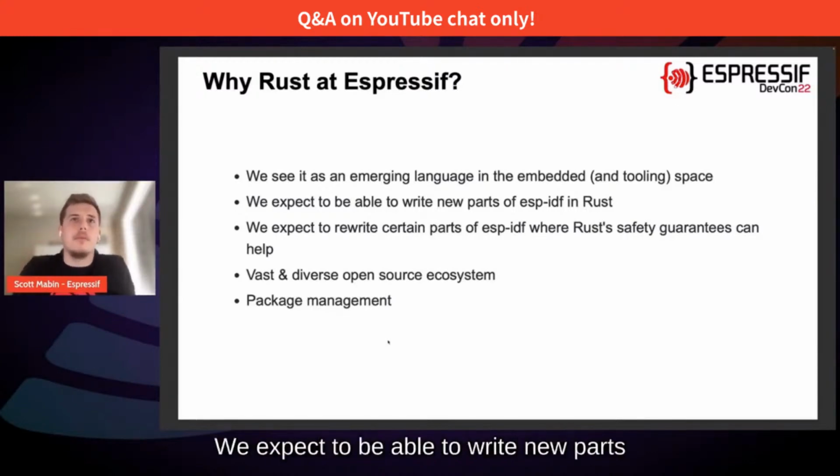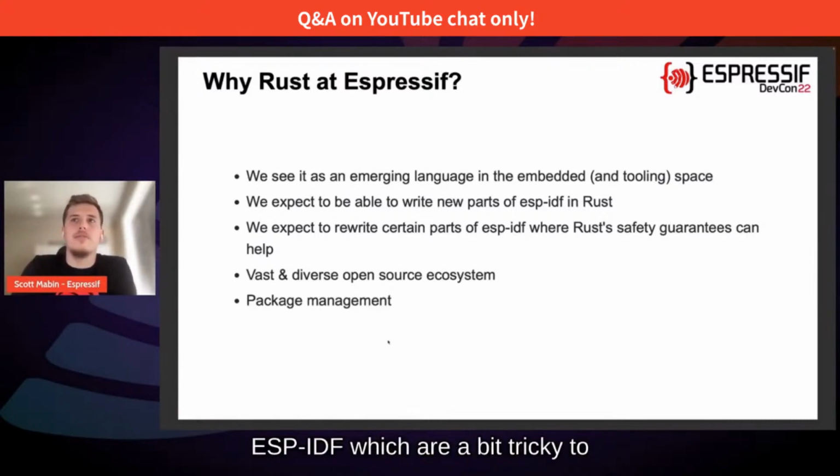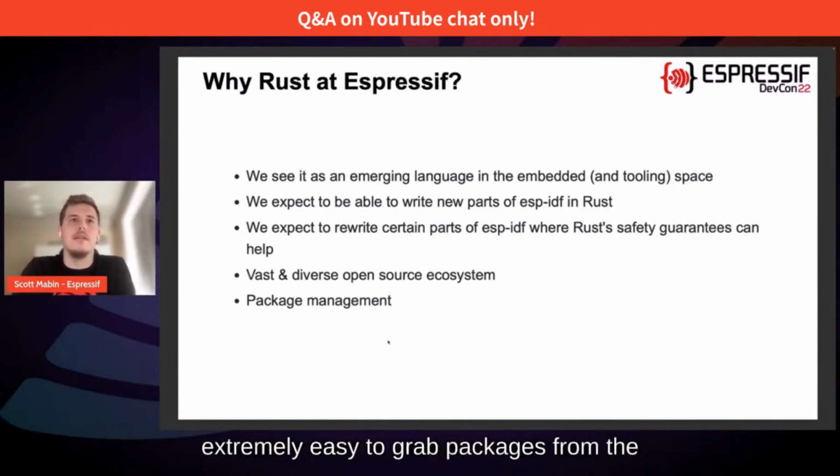We expect to be able to write new parts of ESP-IDF in Rust, and we also expect to be able to rewrite certain parts of ESP-IDF which are a bit tricky to maintain in C, particularly some parsing code. Rust has a diverse and large open source ecosystem, and this ties in with package management because it's extremely easy to grab packages from the community.